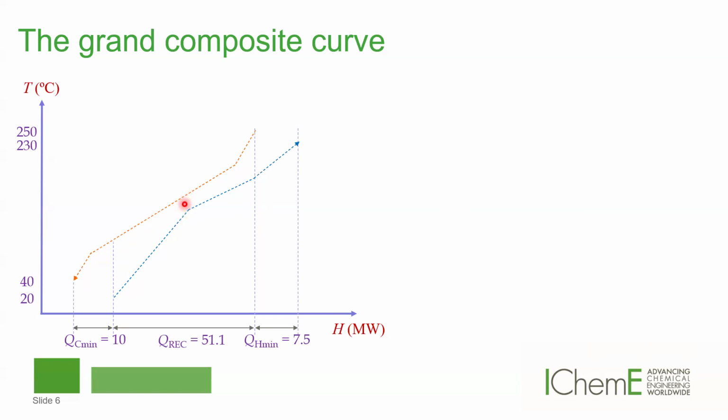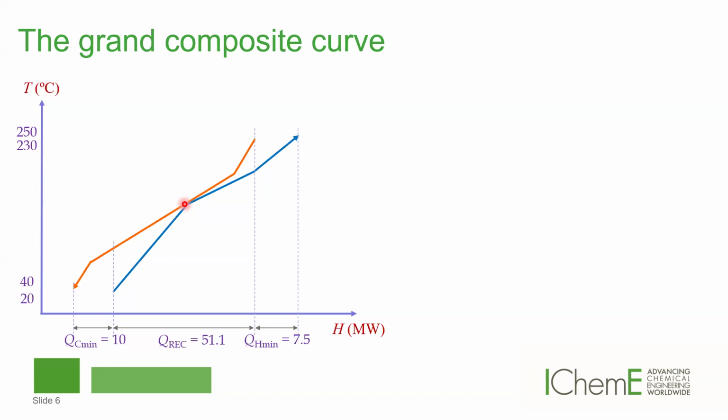So we shift the hot stream down by half a delta T min, and we will also shift the cold stream by half a delta T min upwards so that they would meet at this point.